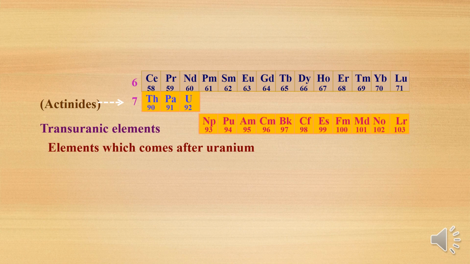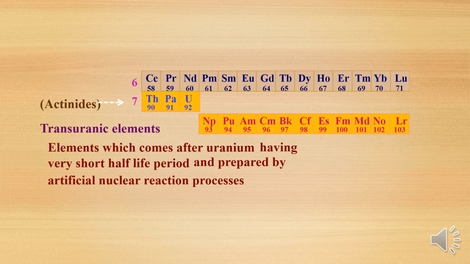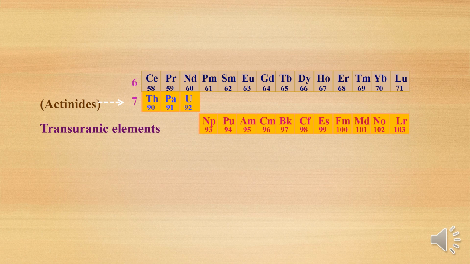After atomic number 92, whichever elements are present have a very short half-life and are prepared by artificial nuclear reaction processes. So atomic number 93 to 103 are called transuranic elements, or you can call them uranides.